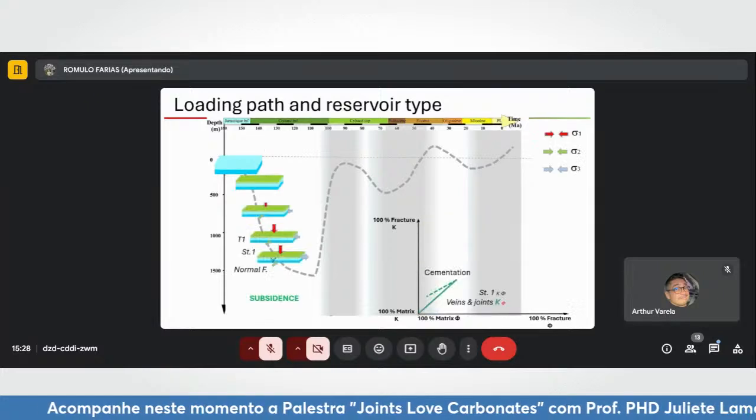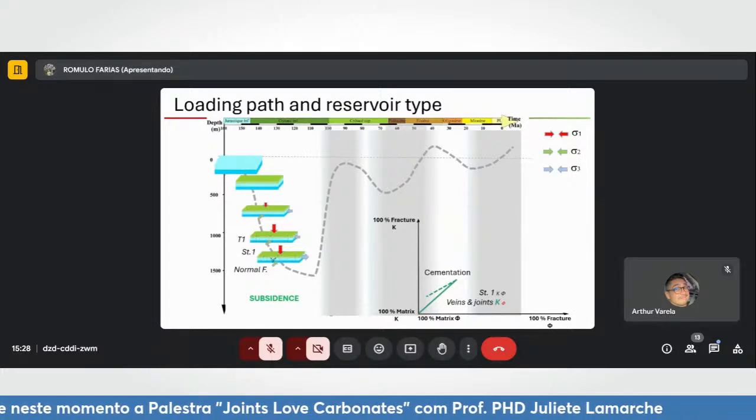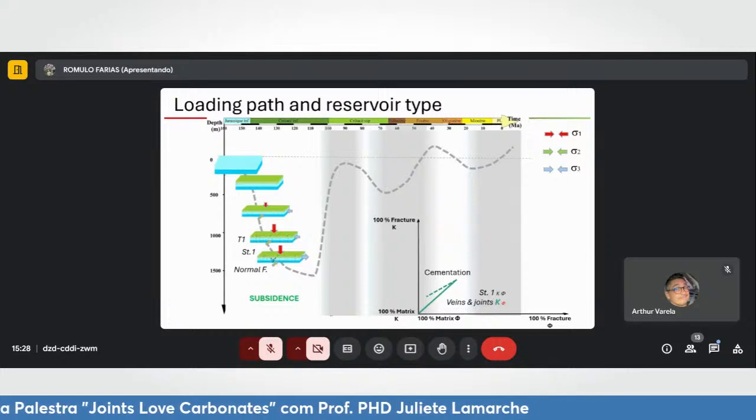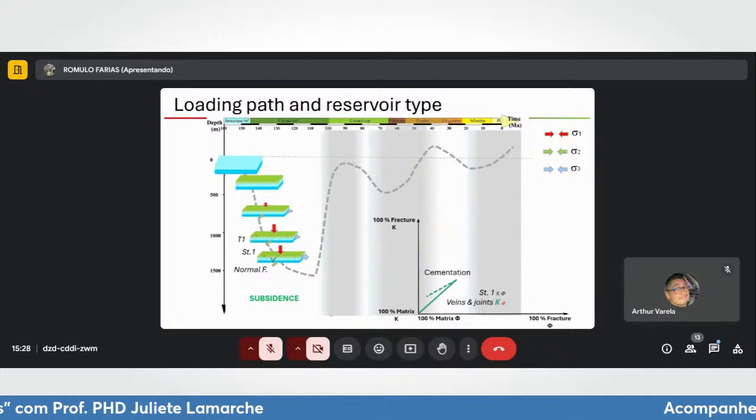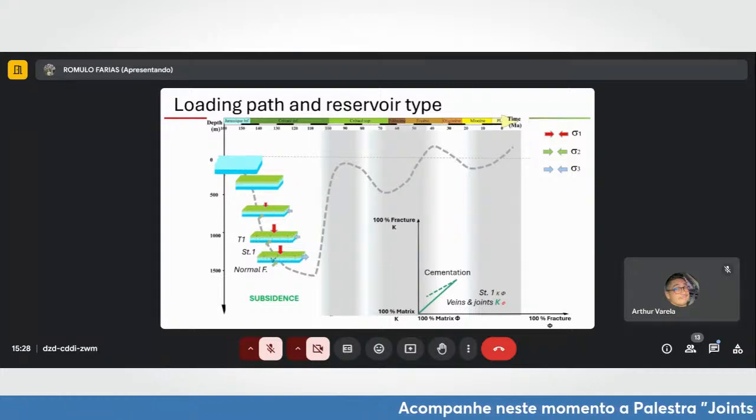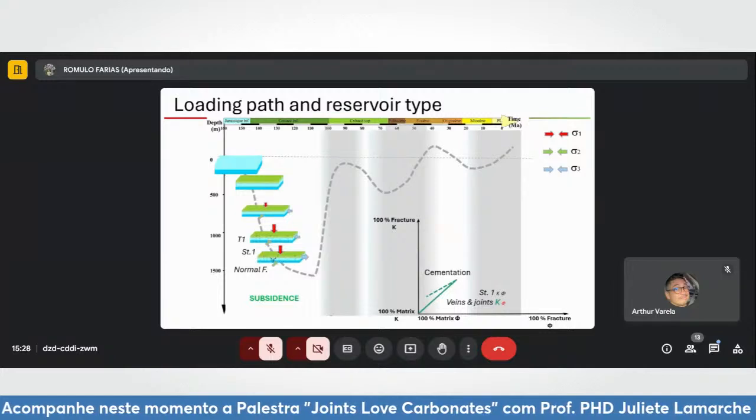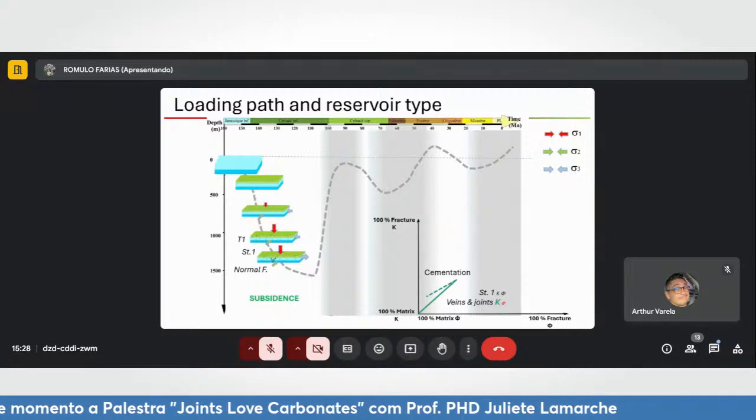So at the beginning of the history, we had the burial. And at that time, the fractures T1 and the burial stylolites ST1 and the normal faults developed. So that means that the reservoir started to have fracture porosity and permeability. But the fractures, they are cemented.